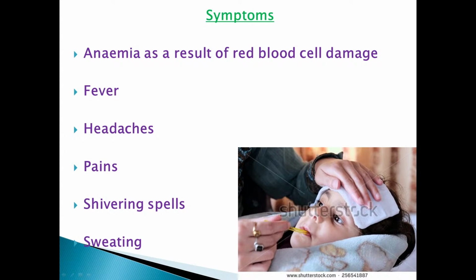Right, so sweating. Now you will realize that once you have fever, your body temperature increases significantly. Naturally, with the human body, once there's a significant increase in body temperature, your body is going to sweat, and that is simple because the human body would have realized that there's an increase in temperature.